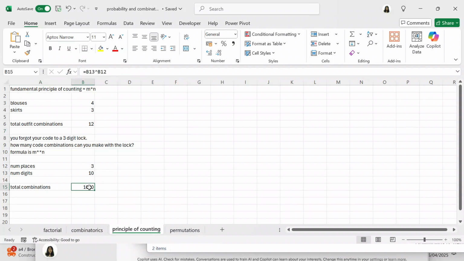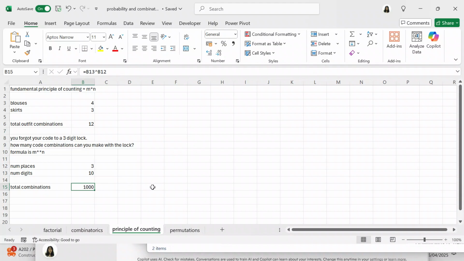So you have the number of places is 3, and the number of digits is 10, 0 to 9. So the total combinations is 10 to the power of 3, which is the number of places. And so that's 1,000.